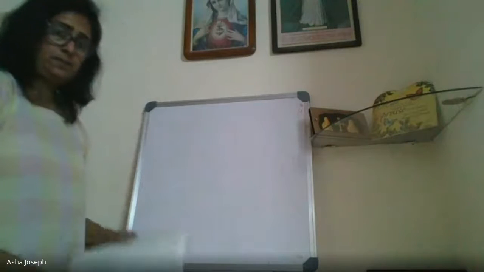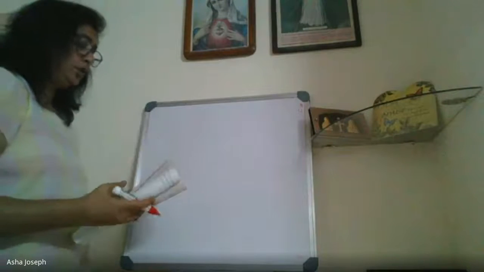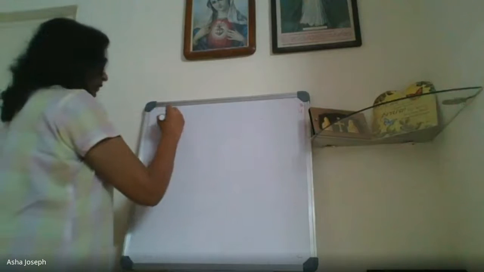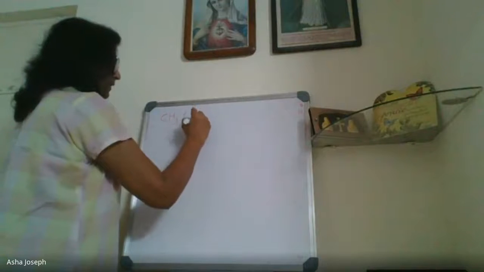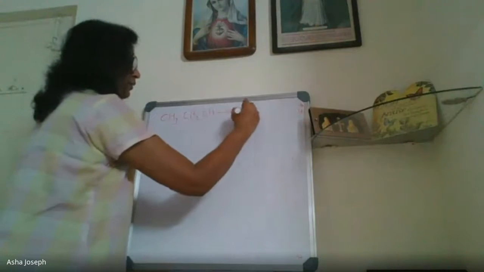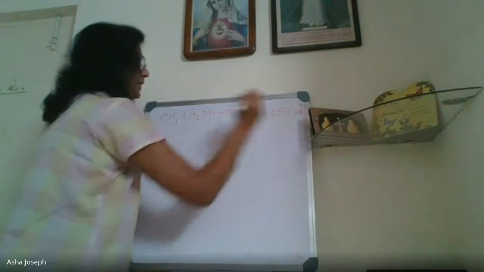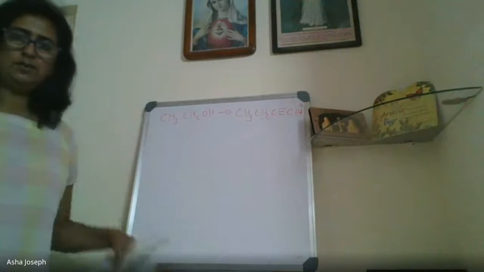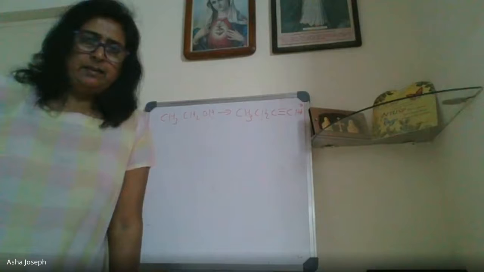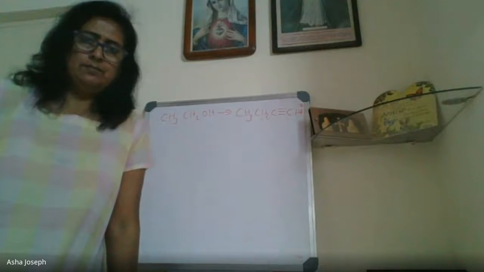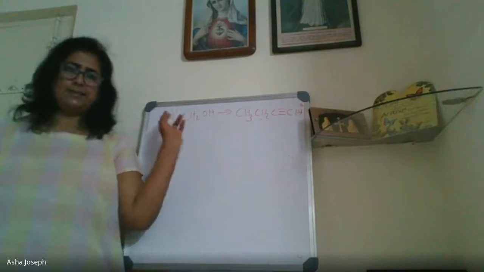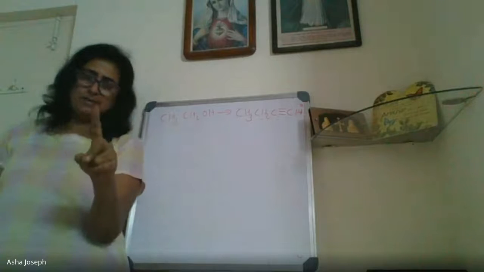Second one, ethanol to but-1-yne. Ethanol, CH3 CH2OH. But-1-yne, CH3 CH2 C triple bond CH. Isn't it? Ethanol to but-1-yne. And here, can anybody say we have to take sodium acetylide?